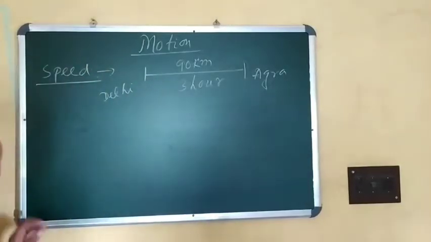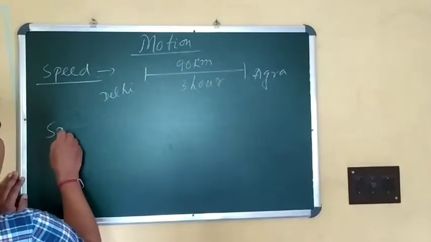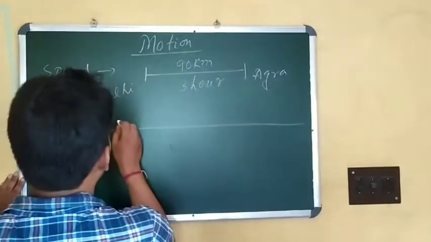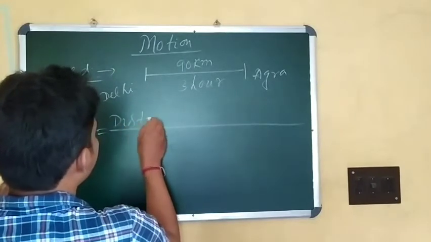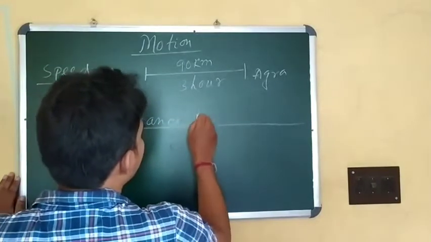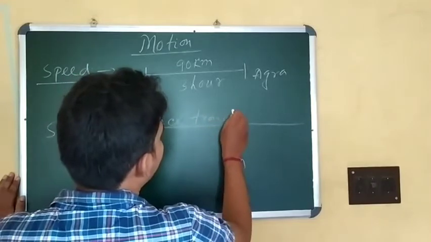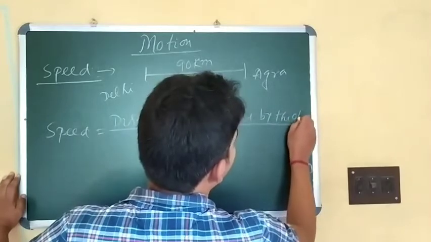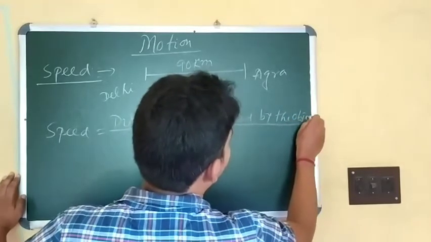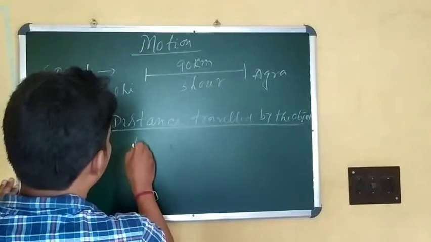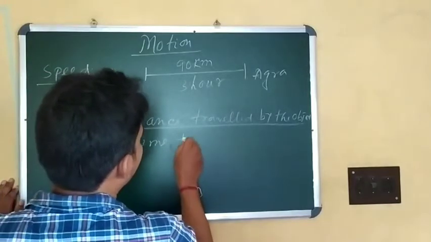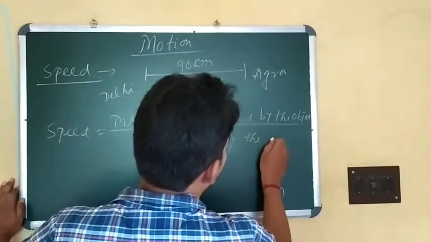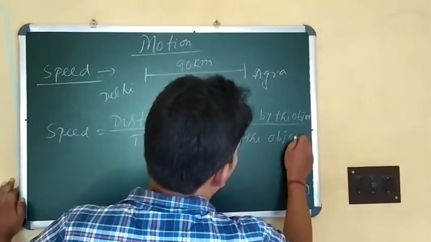So speed equals distance traveled by the object by time taken by the object.